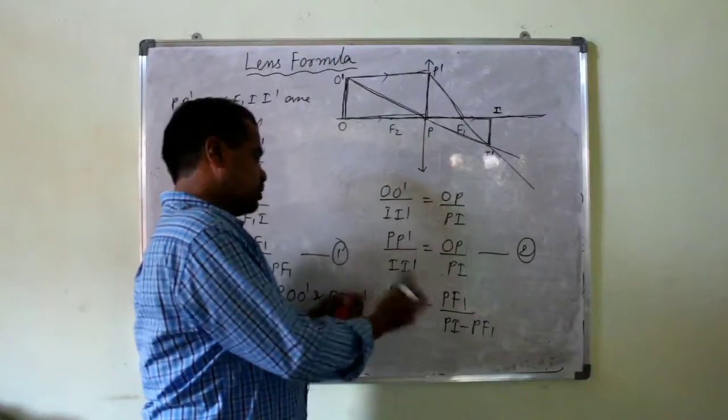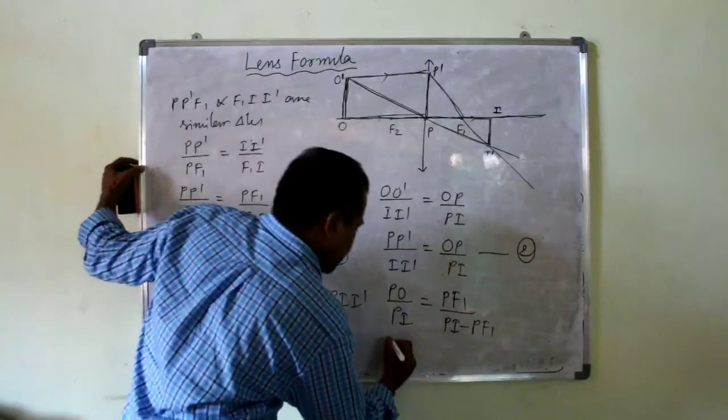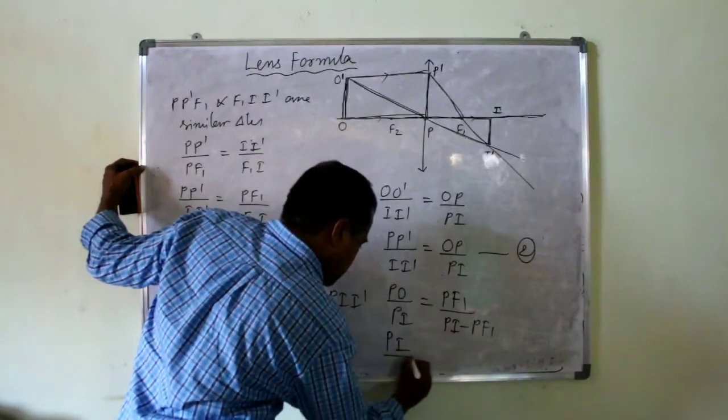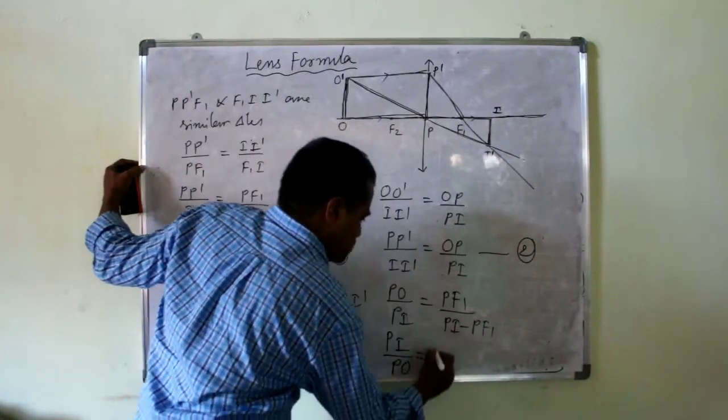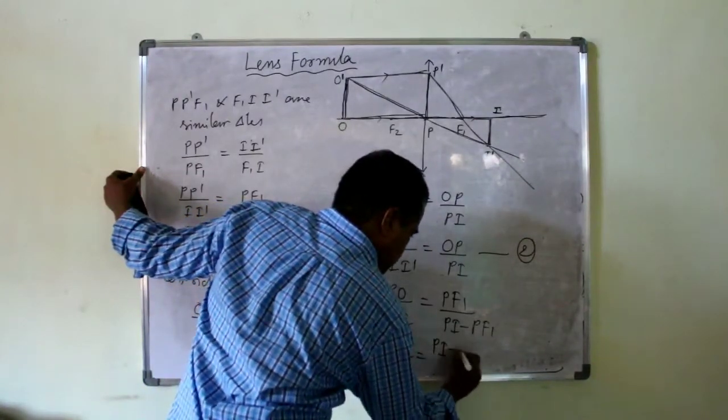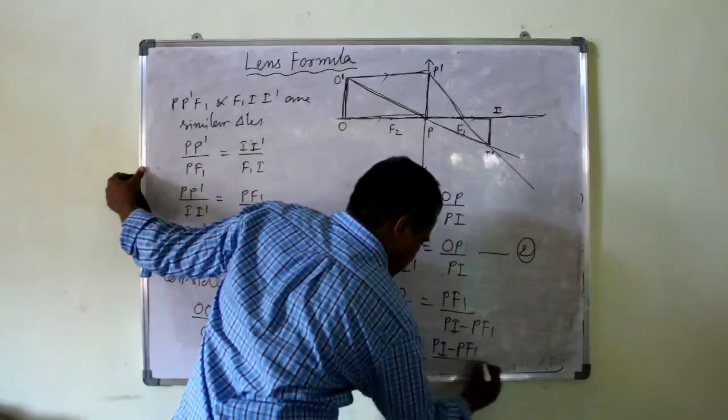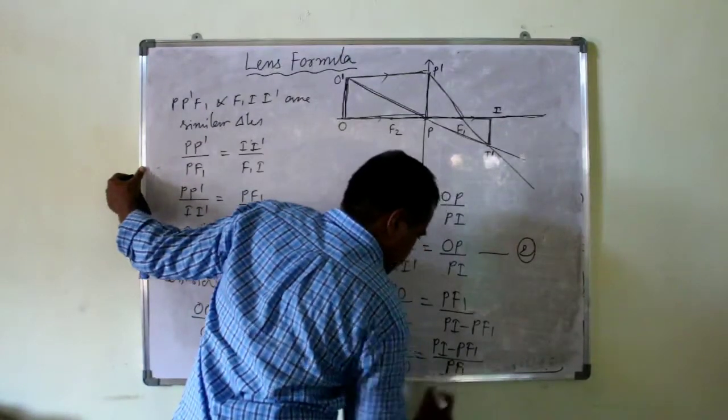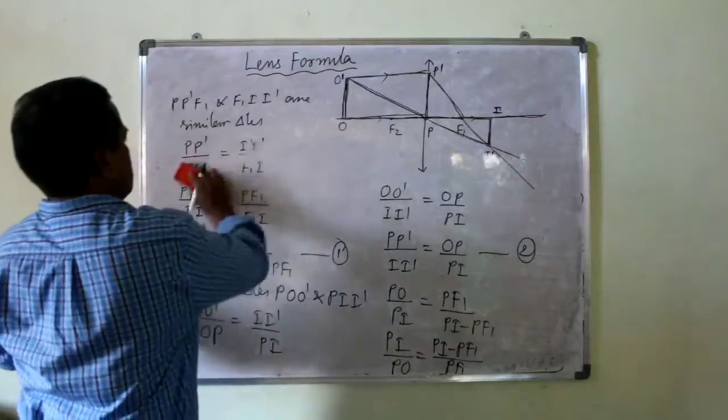Reciprocating the fractions on both sides of the equality, we get PI by PO is equal to PI minus PF1 by PF1.